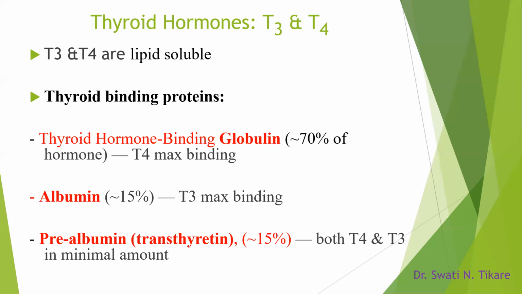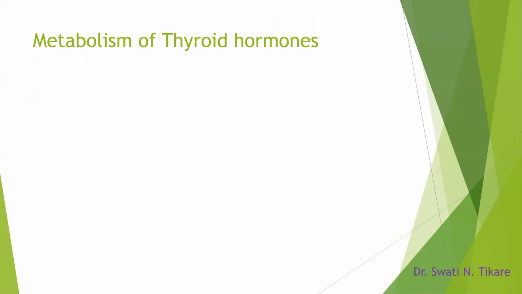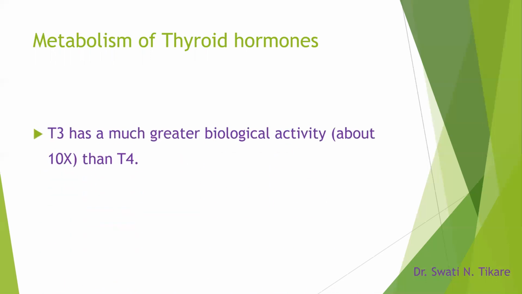Okay, so these are the binding proteins to which they bind and they are transported until they reach the target organ. Once they finish their work, we will discuss the actions of thyroid hormones in another class. But once they are done with their job, how are the thyroid hormones metabolized?